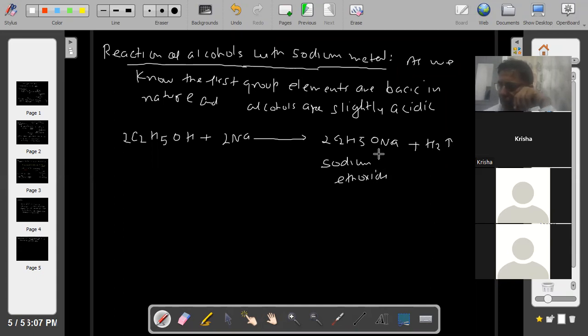The order of acidic strength of alcohols.